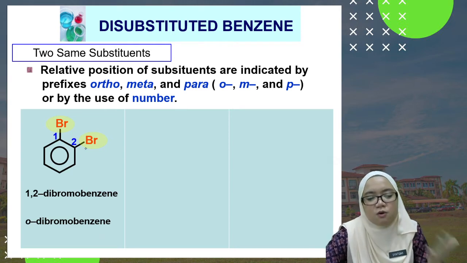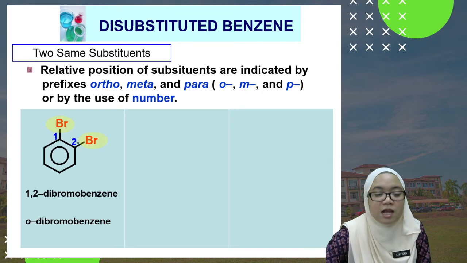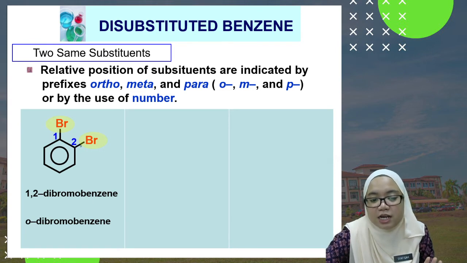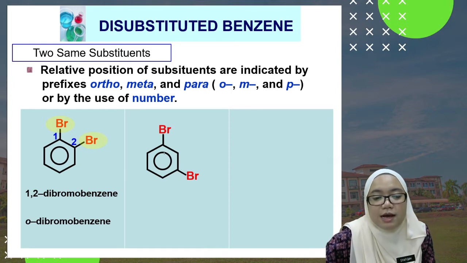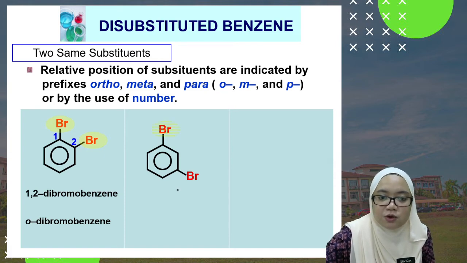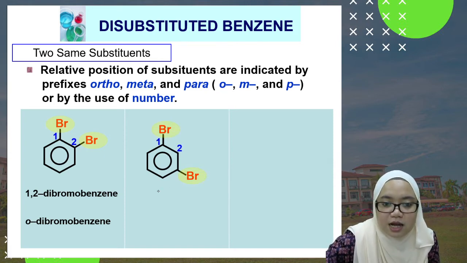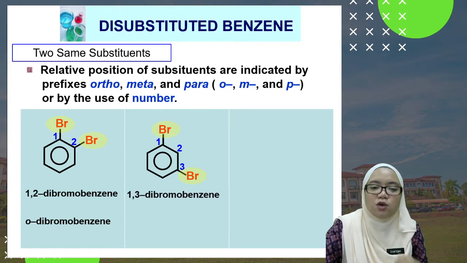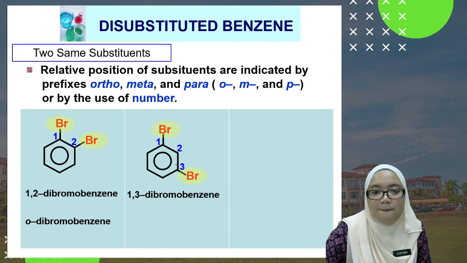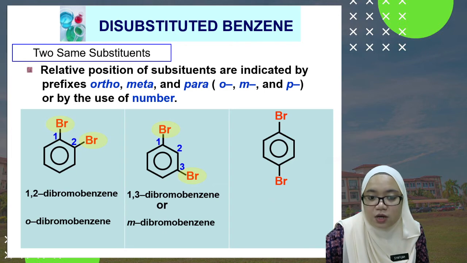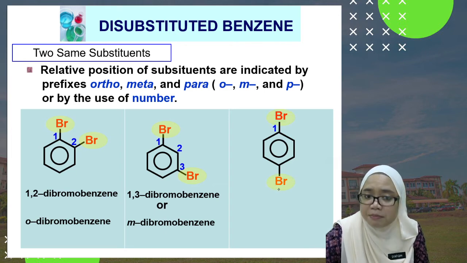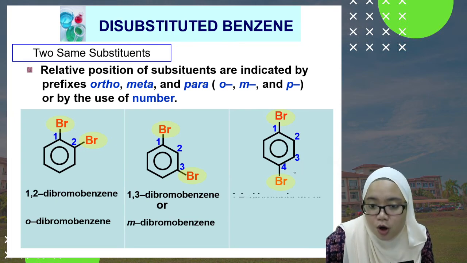So we know that ortho-dibromobenzene means there are two bromines, the first bromine on carbon number 1 and the second bromine on carbon number 2. Okay, and then we have this one. This position is meta. If we use numbers to name it, we will use 1,3-dibromobenzene, but if we use the position of the substituents, this is meta-dibromobenzene. And the last one, if we have this structure, this position is para, and by IUPAC number it is 1,4-dibromobenzene.